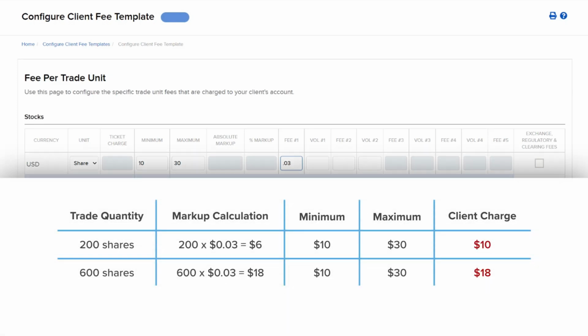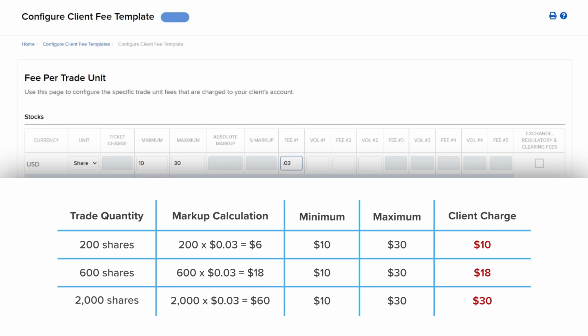If the client placed the same trade for 600 shares, they would still be charged $18, 600 shares times 3 cents, as the calculated fee is above the minimum of $10 and below the maximum of $30. Now, if the client placed a trade for 2,000 shares, the client would be charged the maximum of $30 because the calculated fee of $60, 2,000 shares times 3 cents, exceeds the specified maximum.